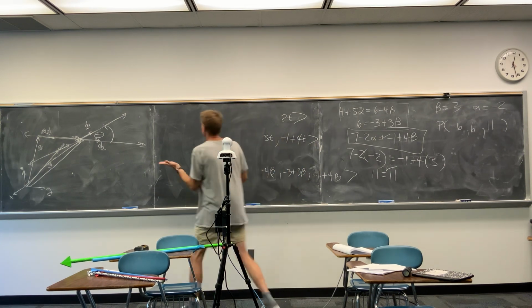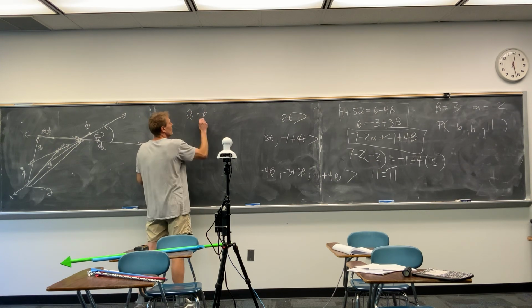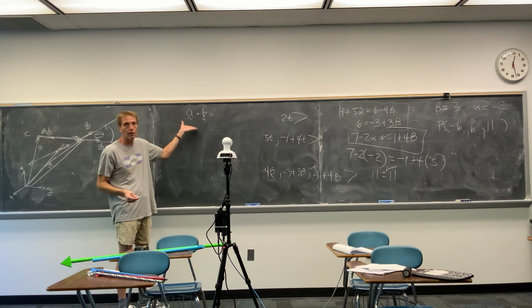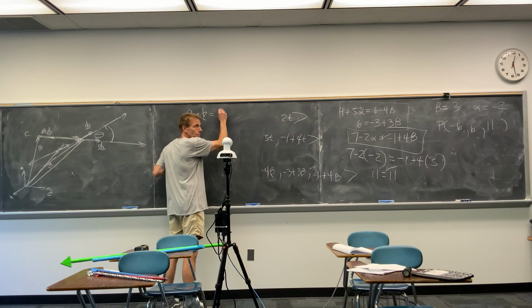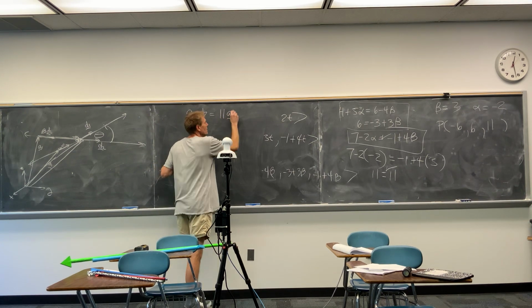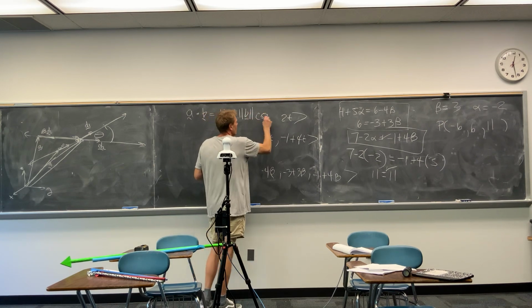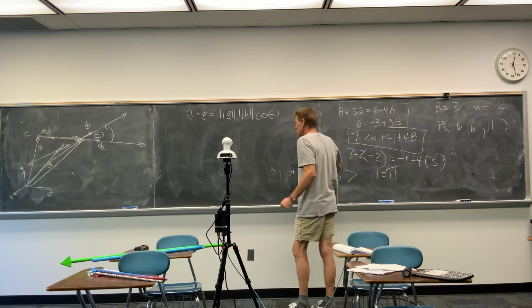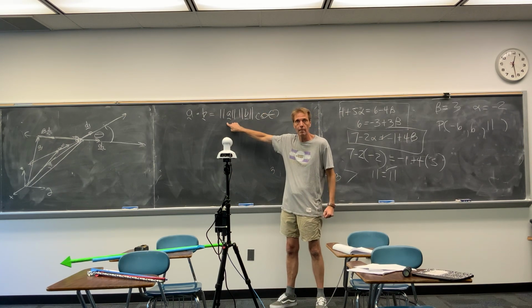If you have two vectors, A and B, then geometrically A dot B, from our law of cosines, is equal to the norm of A times the norm of B times the cosine of theta. Could you then solve for theta?